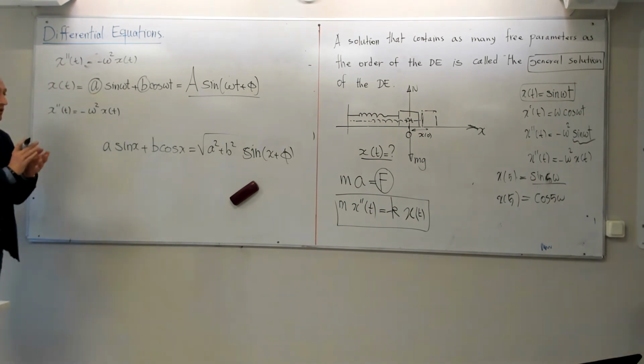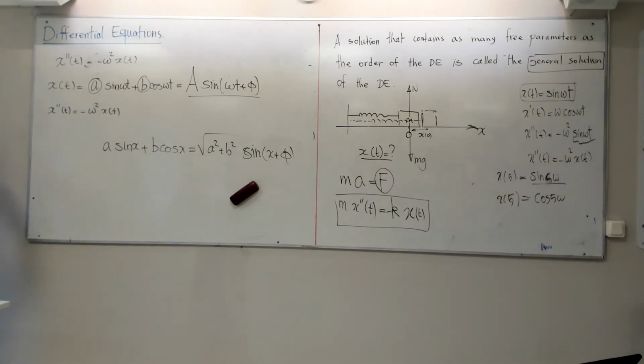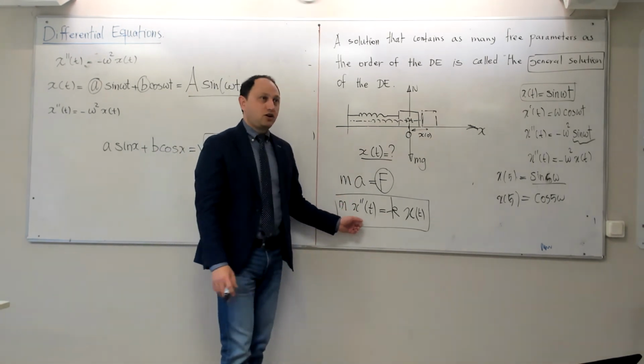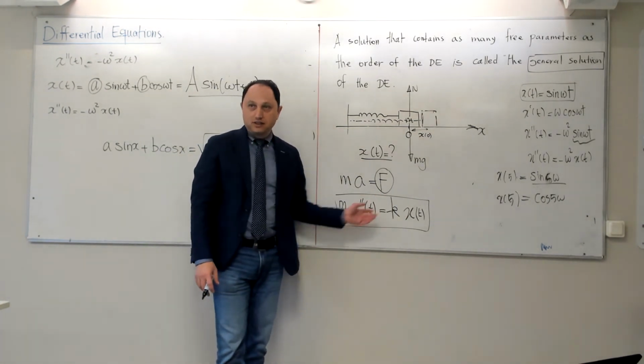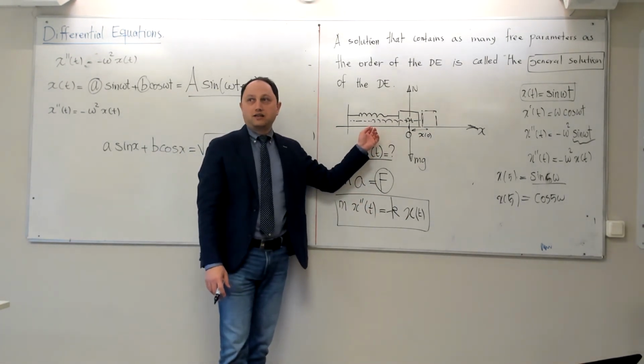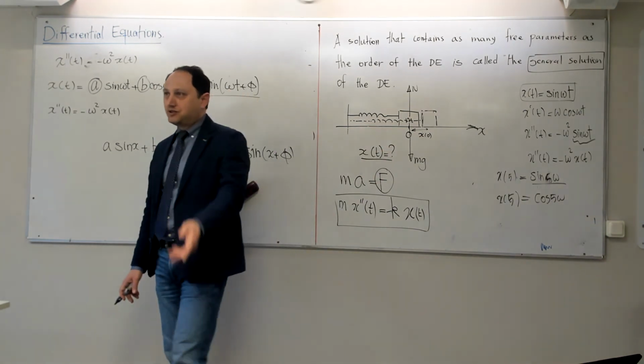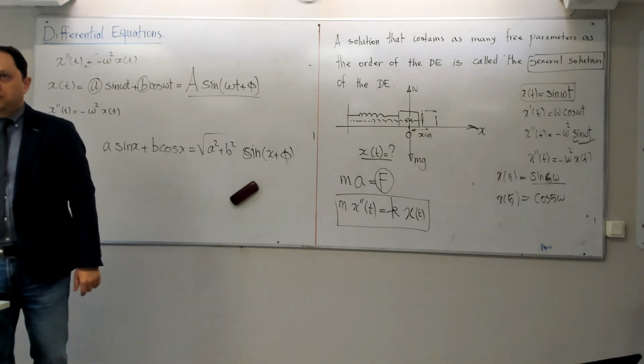So what I wanted to say is that differential equations are super important, because if you cannot solve this simple differential equation, you cannot predict. And if you cannot predict, what is the whole point of science? You want to see the future by this.